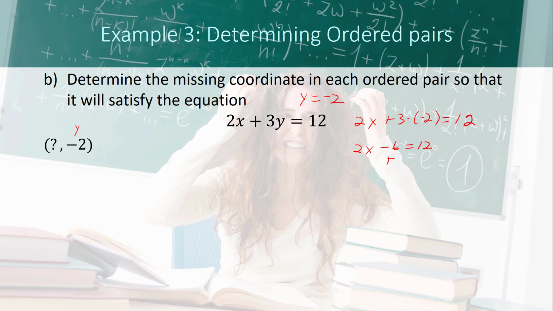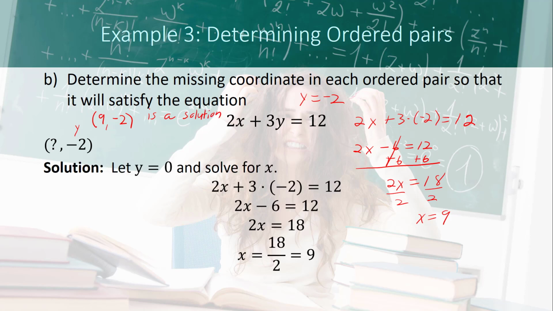We can add 6 to both sides to get the constant terms on the other side of the equation. And when we do, these cancel. We have 2x equals 12 plus 6, which is 18. And then divide both sides by 2. And we have that x is equal to 9. So it turns out in this case, the ordered pair (9, -2) is a solution. And that is what is worked out for you here.